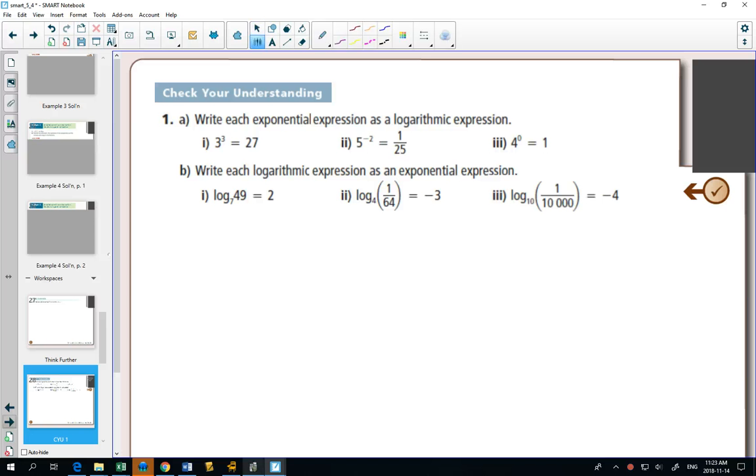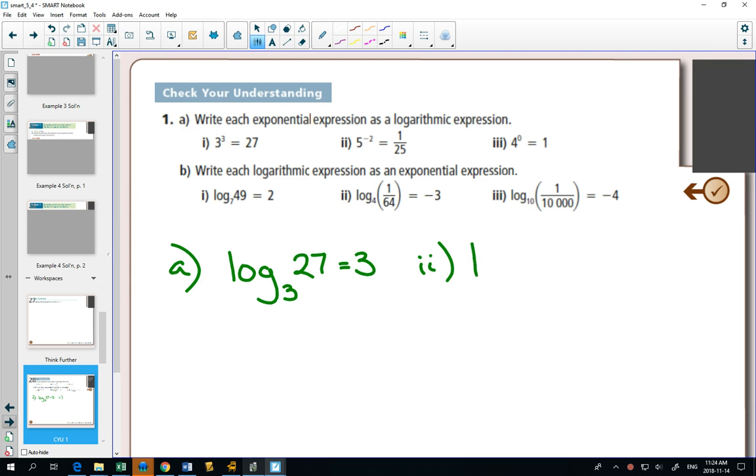So in log form, we would say log, the base is 3, the answer is 27, is equal to 3. 5 to the negative 2 is equal to 1 over 25.